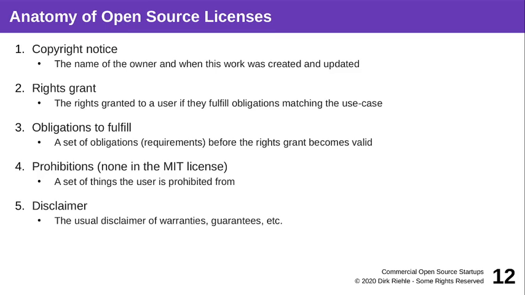Then there are the obligations to fulfill by the licensee, the recipient of the rights grant, if they want to actually have that rights grant become valid. So that is often overlooked. You may have, as a recipient of open source software, to fulfill certain obligations before you can pass on said open source software as part of products.